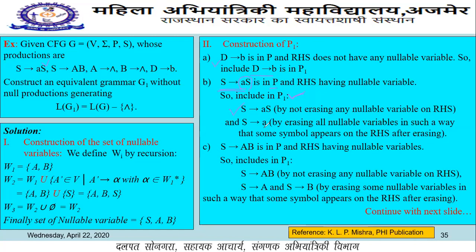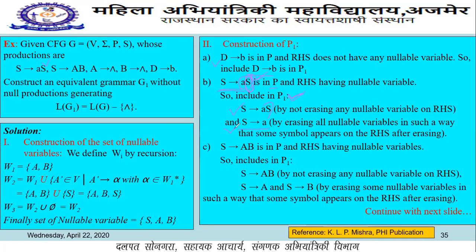So if we remove this nullable variable, because there is only one, we can say we remove all. So we remove all, meaning this S is eliminated, and the remaining is S tends to small a. So we include S tends to small a as a new production in the set of simplified productions P1 for grammar G1. Okay, hope you understand.